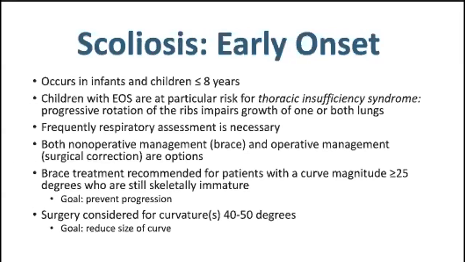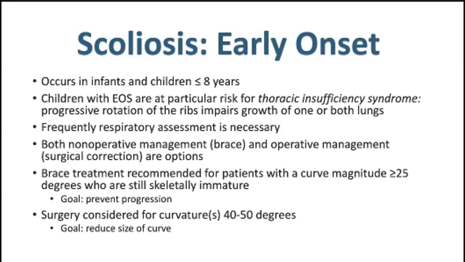Early onset occurs in infants and children around 8 or younger. It's a higher risk for thoracic insufficiency syndrome. Thoracic insufficiency syndrome is due to progressive rib rotation, where we get restrictions of lung growth and expansion, which means they can't fully expand the lung the way that they should, which leads to frequent respiratory issues.